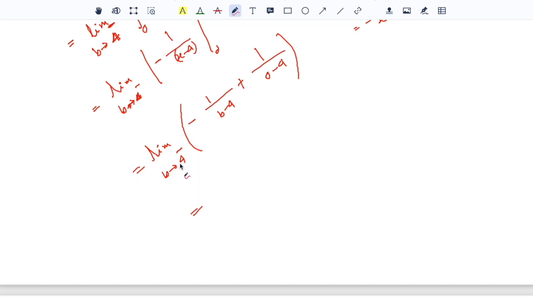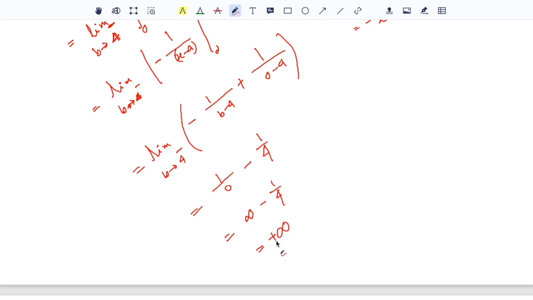So formally now we can replace this b by 4, so it will be 1 by 4 minus 4, which will be 1 by 0, which is infinity, minus 1 by 4, and which is equal to infinity minus 1 by 4. And if you subtract anything from infinity, you will get infinity.